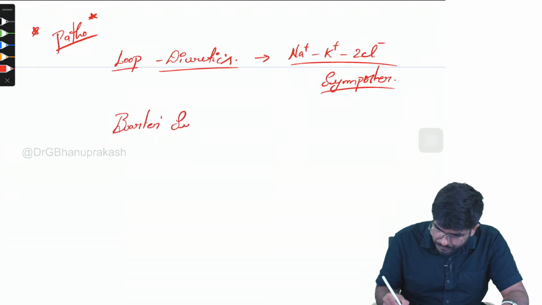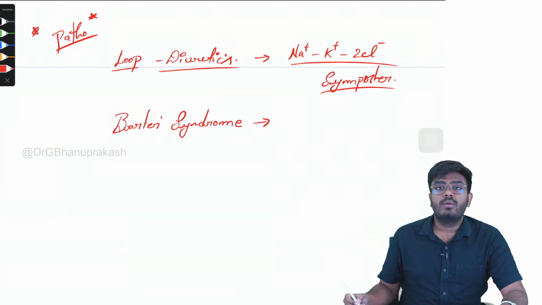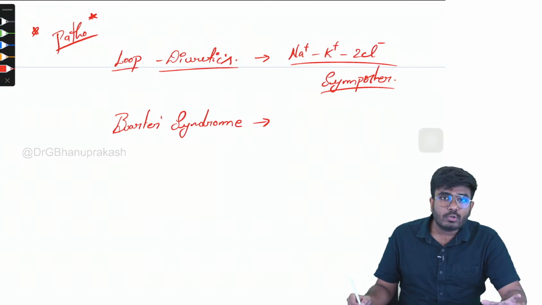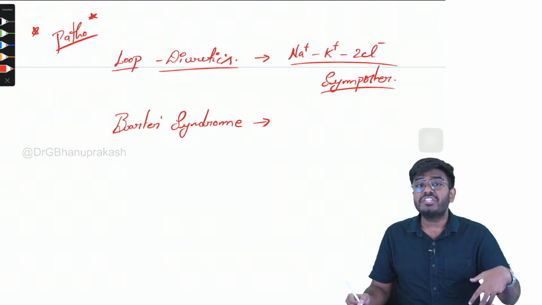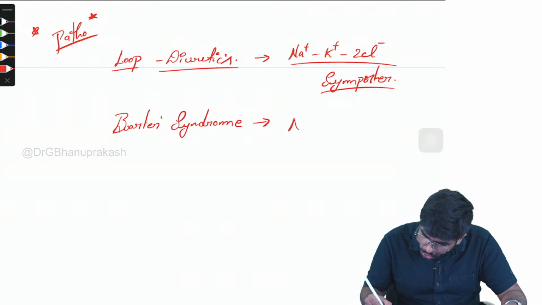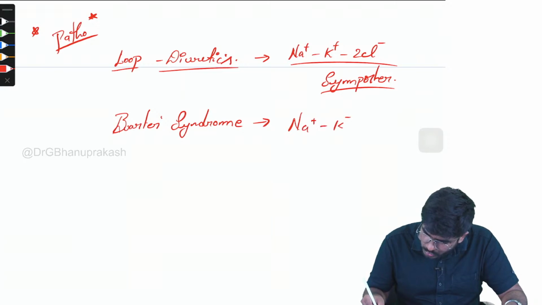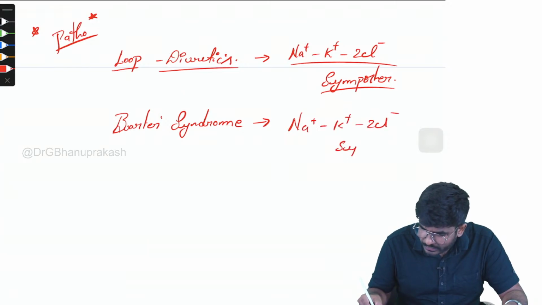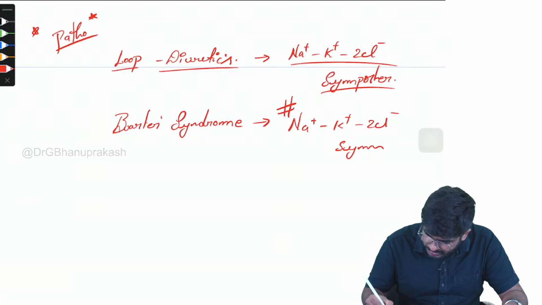What is Bartter syndrome? Bartter syndrome means that from birth itself the patient has a mutation of the sodium, potassium, 2-chloride symporter.